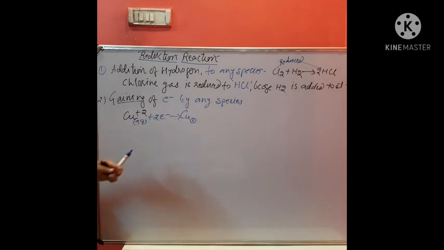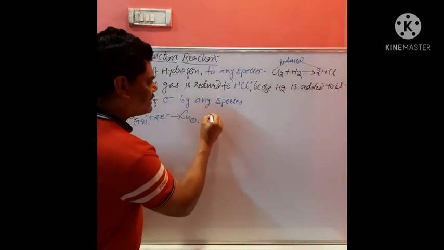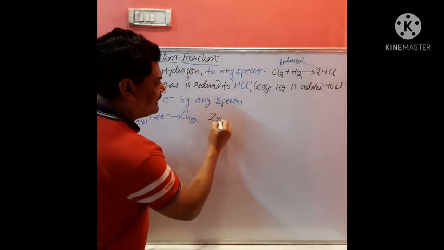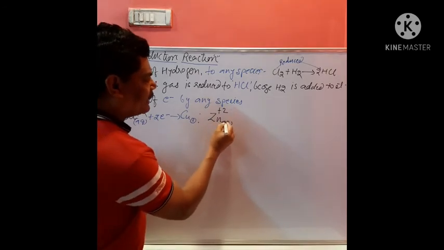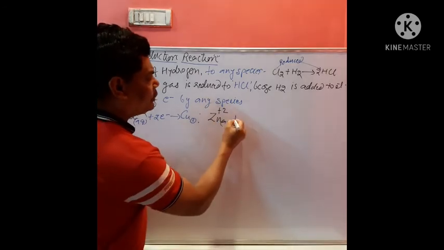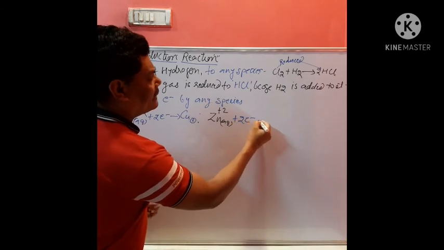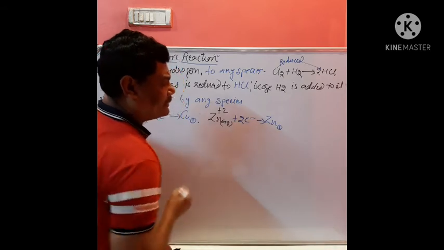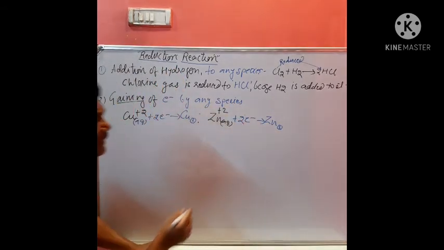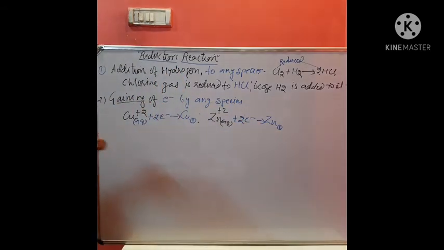That is a reduction reaction. A few more reactions are there, like Zn 2 cation, aqueous, when it gains 2 electrons, it converts into Zn, solid. So gaining of electron takes place. Therefore, this process is known as a reduction reaction.